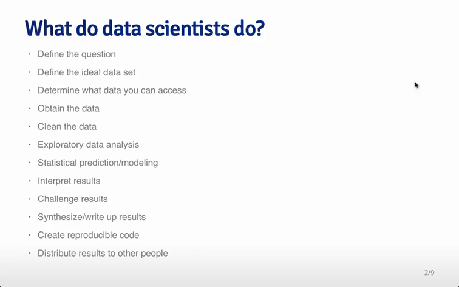So we're going to start with defining a question of interest, and then identifying the ideal data set to try to answer that question, determining if that data is even accessible. A lot of the times, the ideal data set isn't even available.